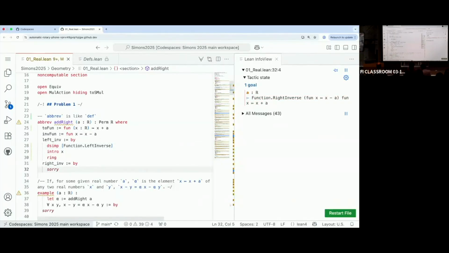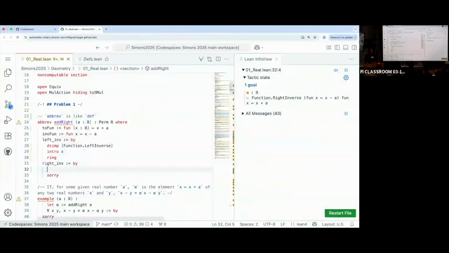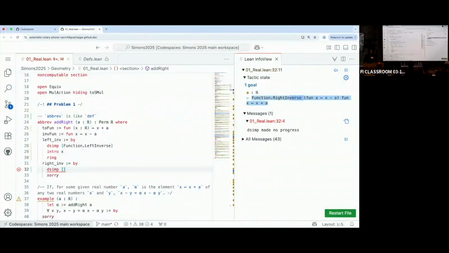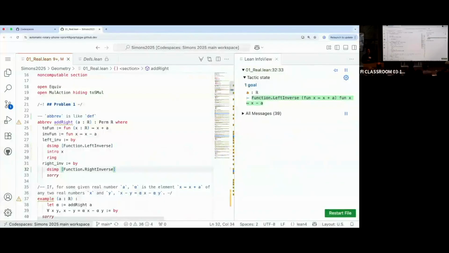Yes, thanks. I think some people didn't hear the last thing I said, which is that your task now is to do the proof of right inverse. So I saw a number of people start by seeing that the words right inverse appear in the goal. And so quite rightly, their first idea was that we're going to take apart the right inverse definition.